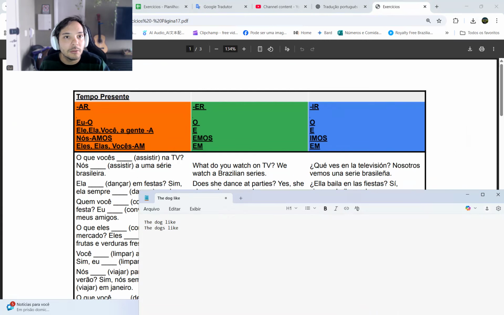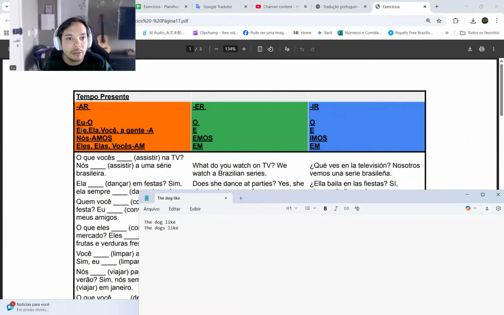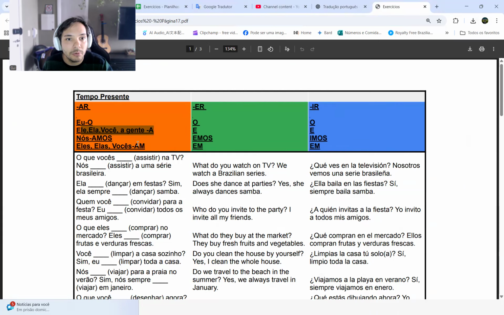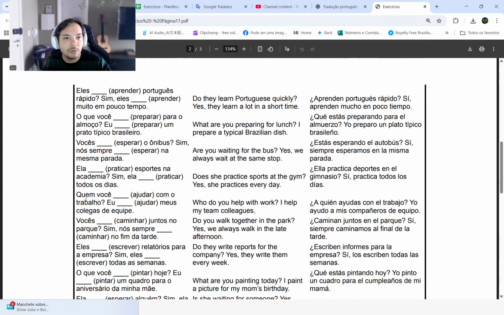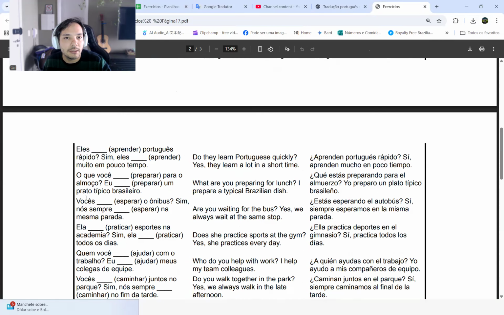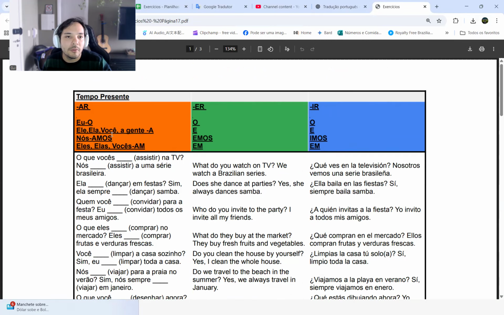If the word is singular, you always conjugate like ele, ela, você, a gente. If it's plural, you're gonna conjugate like this: eles, elas, vocês. Okay, so let's say if you talk about the engineer, what does engineer mean? Engineer, he. Conjugate like he. Engineers, plural, eles. Okay, but I think in this one, we use just the pronouns, right? So it's gonna be easier for you to understand. But let's say if you talk about something and the object is singular, you're gonna conjugate this way. If it's plural, you're gonna conjugate another way.